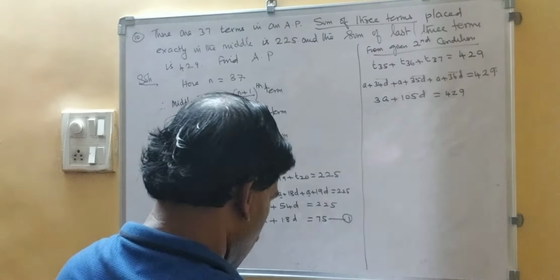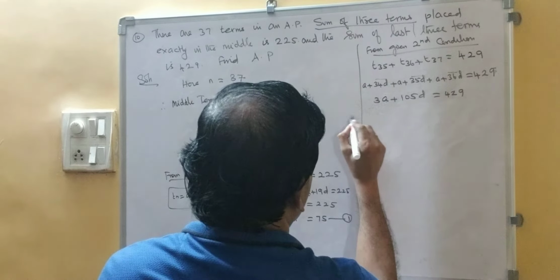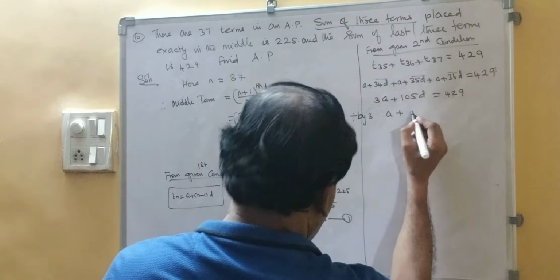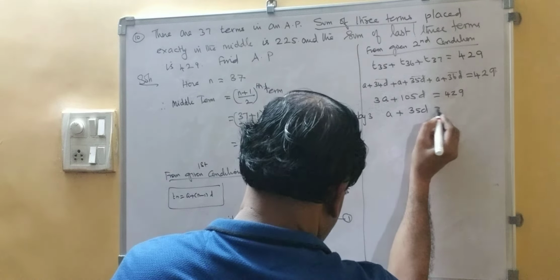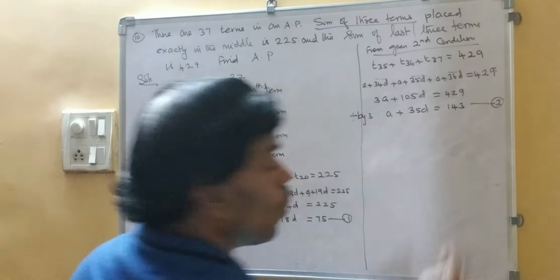So if you divide by 3, what you will get? A plus 35D equal to 143. This is equation number 2.